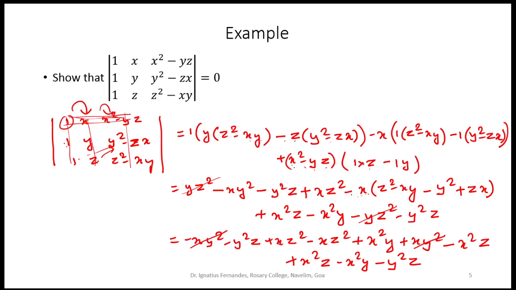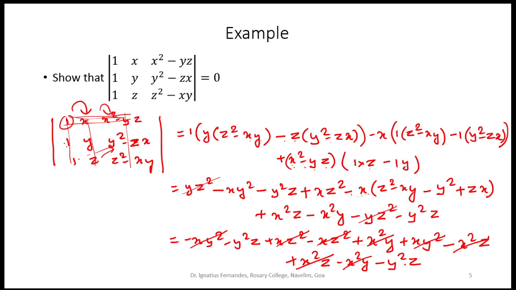So xz square here I have minus xz square, and this x square y I have minus x square y here. Then minus x square z and I have plus x square z, and this term here I have minus xy square z, and I have minus y square z.